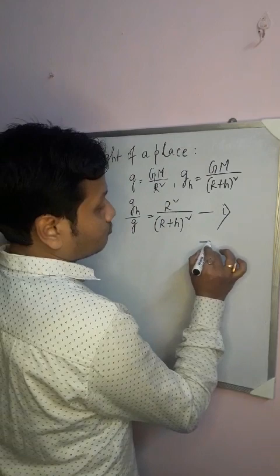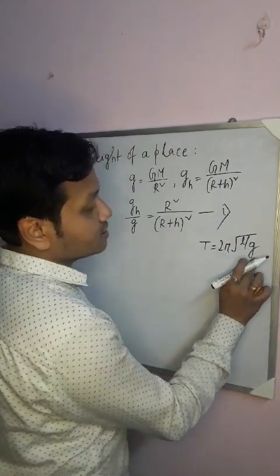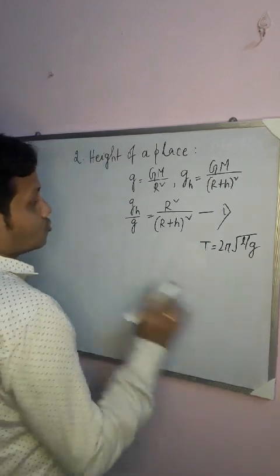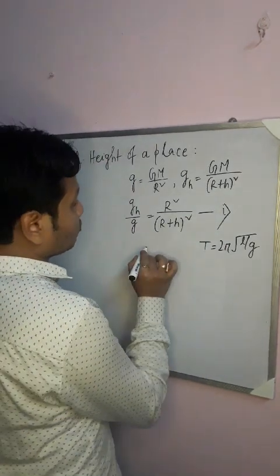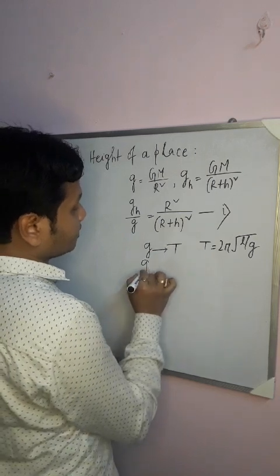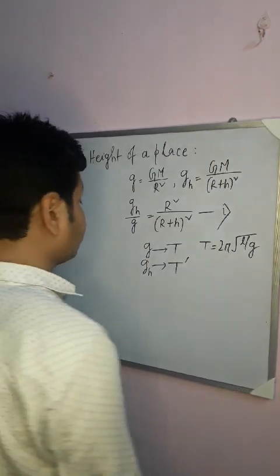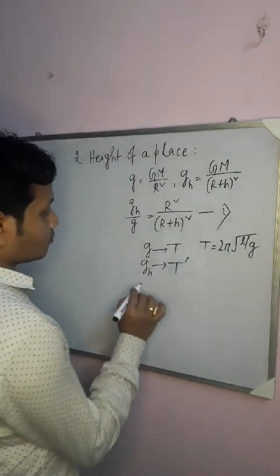Now T is 2π root l/g, that means when g changes, T changes. So let us suppose that when acceleration due to gravity is g, then time period is T, and when it is g_h, say time period is T'. Okay, so what will be the corresponding formula?